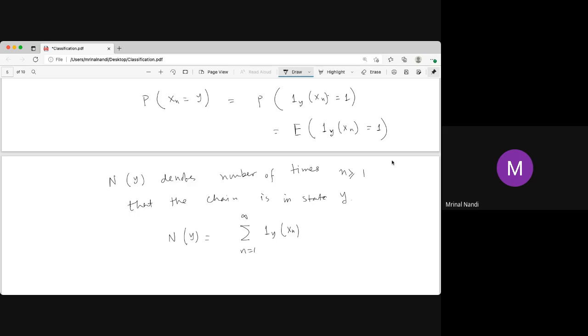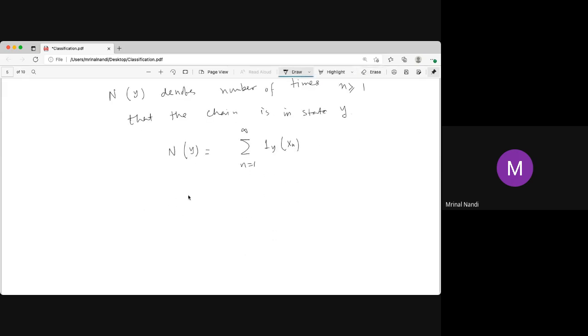Now you can easily check, as homework, that Ny greater than or equal to 1. What is the meaning of that? It means the chain will be at y at least one time, and it is the complement of the event Ny equals 0. This is an event, not a probability.